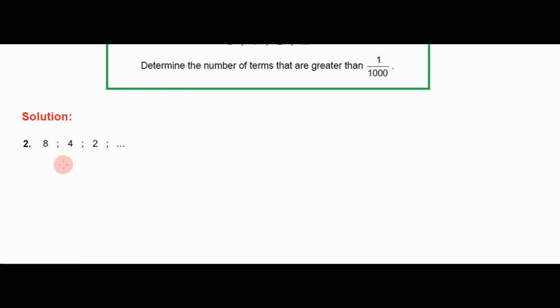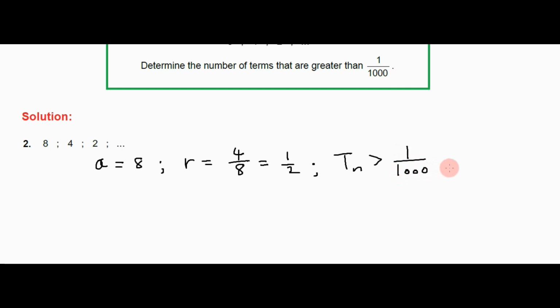We can start by writing down what we have and what we need to find. We have the first term a, that's equal to 8. We can get the common ratio r by taking term 2 divided by term 1, and we see r is a half. T sub n must be greater than 1 over 1,000, and we must find the value of n, the number of terms greater than 1 over 1,000.